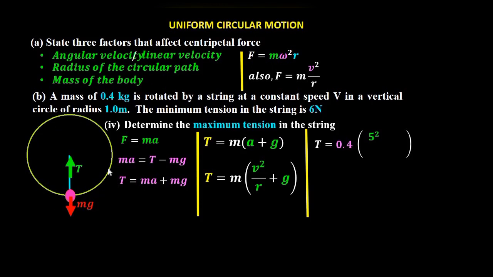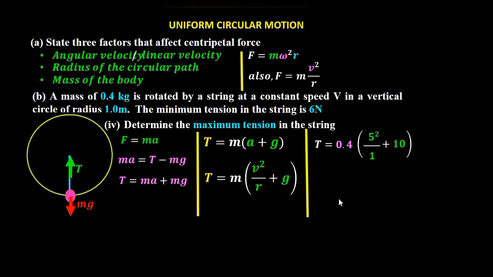All round, it doesn't matter the position, the velocity will remain the same all through. So that is the linear velocity. It only keeps on changing direction, but the size remains as 5. So 5 squared over the radius, which is 1. And for this case, we are going to add the gravitational acceleration, which is 10.